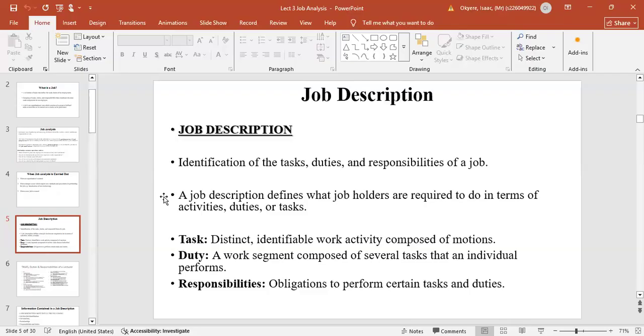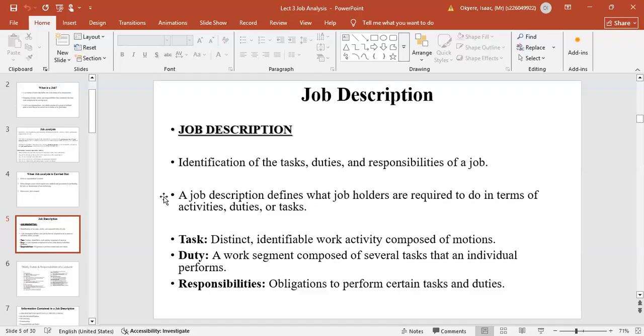Okay, since there is no question, we need to continue. So we know what job analysis is. We know that job analysis answers various questions. And so when we ask you to name some of the questions, you can name them. We know some of the responsibilities that you are expected to perform.